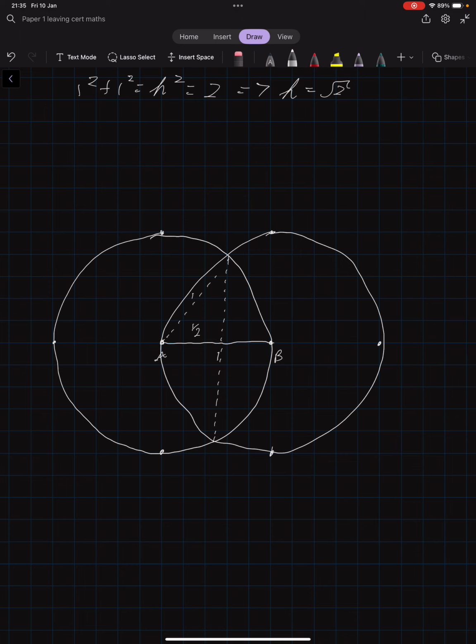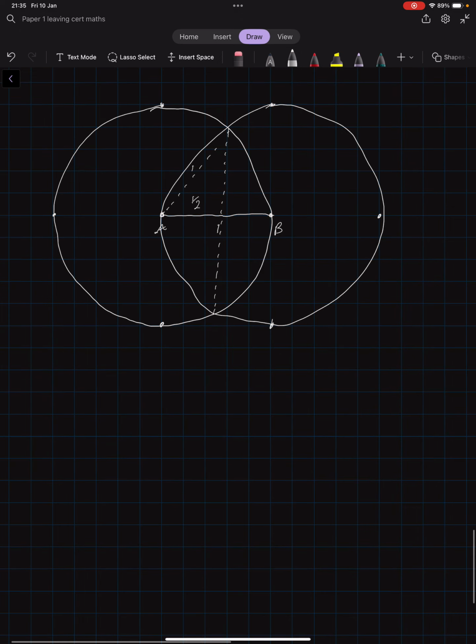This, again, using Pythagoras, say it's L. We get that 1 squared equals L squared plus a half squared. So we get L squared equals 3/4. So L equals root 3 divided by 2.